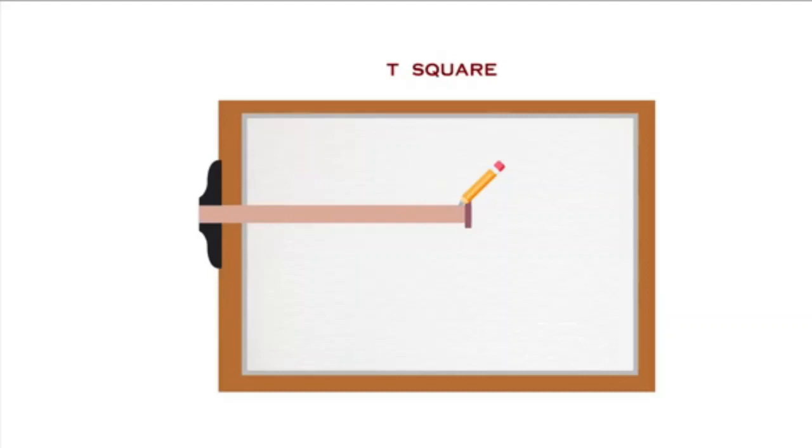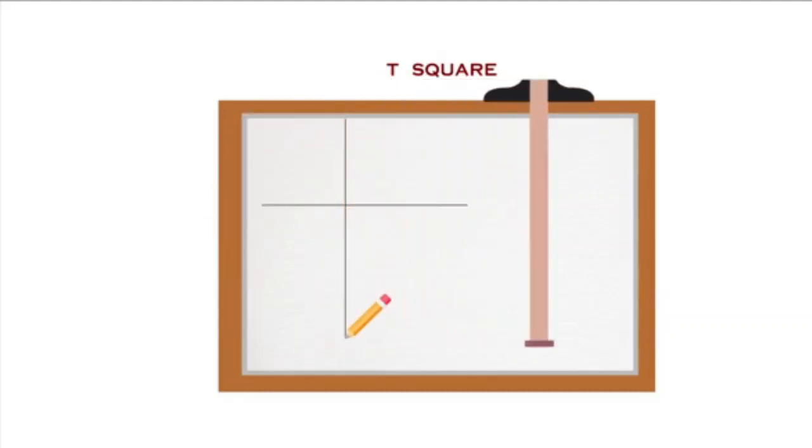Support is taken of the black portion, and the pink one, that is the blade, is placed onto the drawing board. This T-square is generally used to draw horizontal lines or to draw two lines at a right angle to each other.